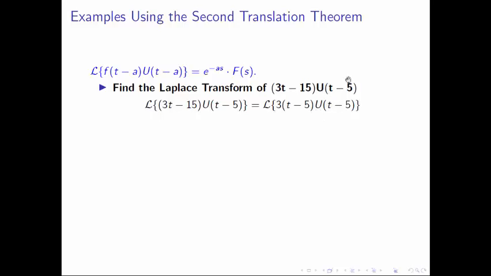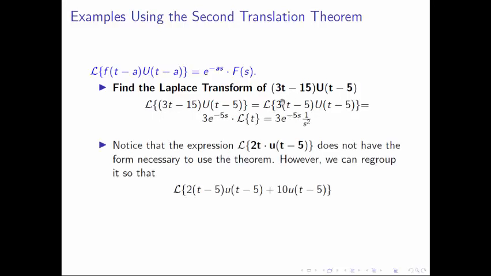You'll notice this predetermines how you'll have to rewrite your function. So once I factor out the 3, then I am able to use the property. I have e to the negative as, so I'll have e to the negative 5s times the Laplace transform of, because this was a function, this is your f of t minus 5 is equal to 3 times t minus 5, then my f of t was simply 3t.